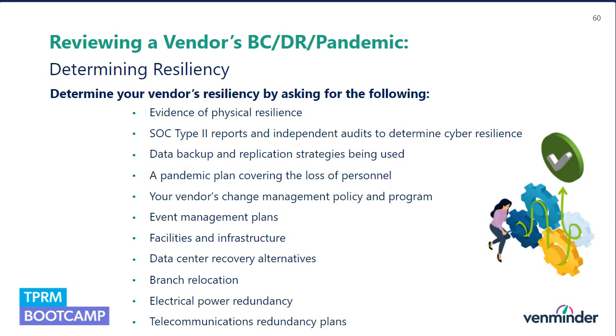Determine your vendor's resiliency by asking for the following items: evidence of physical resilience, SOC 2 Type 2 reports and independent audits to determine cyber resilience, data backup and replication strategies being used, a pandemic plan covering the loss of personnel, the vendor's change management policy and program, event management plans, facilities and infrastructure locations, data center recovery alternatives, branch relocations, electrical power redundancies, and telecommunications redundancy plans, and any other items that you could think of that would help determine your vendor's resiliency.